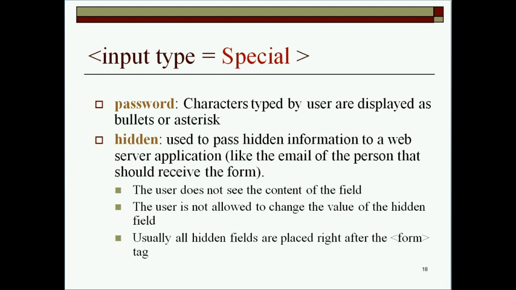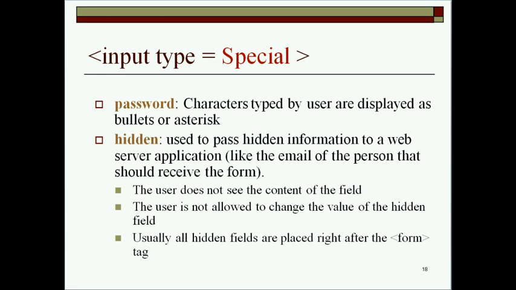Earlier, we talked about hidden text boxes, which are used to pass hidden information to a web server application, like the email of the person that should receive the form, and it indicated information that the user does not see and is not allowed to change. But another special type of input is the password.